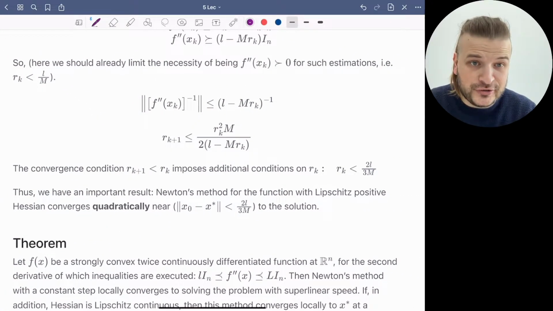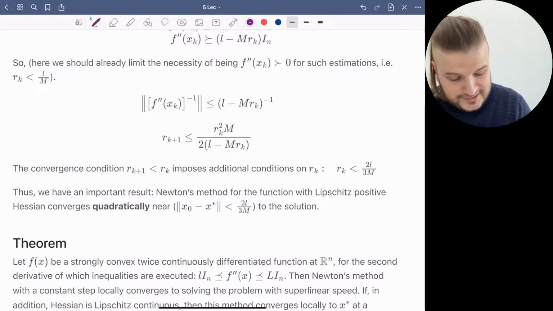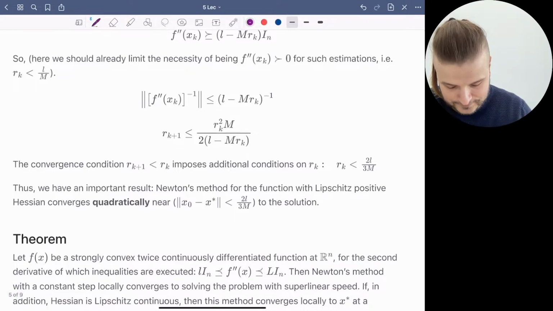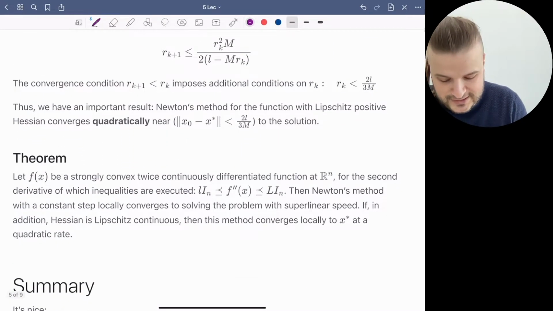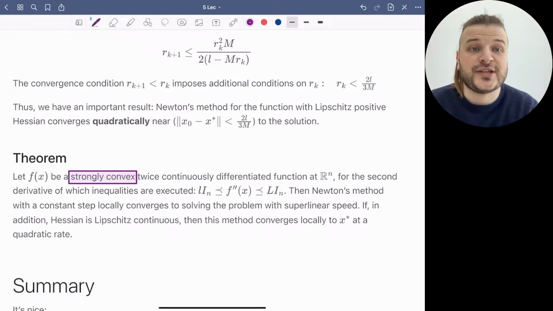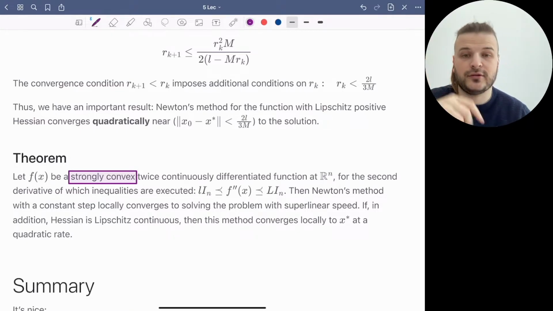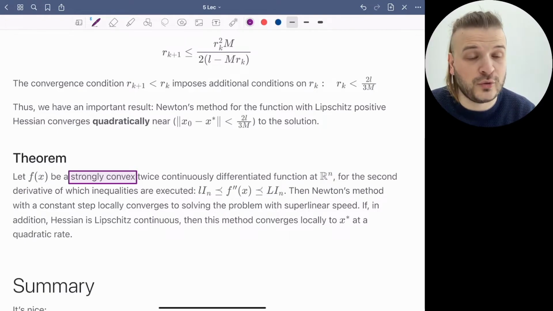If your function is strongly convex, so let's take some direct assumptions on the function behavior, it should be strongly convex first, not just convex, right? It should grow at least as fast as some parabola, not, for example, a linear function or a modulus function.